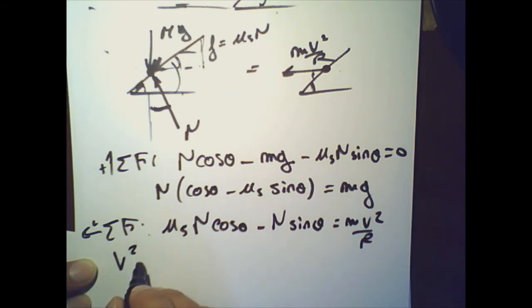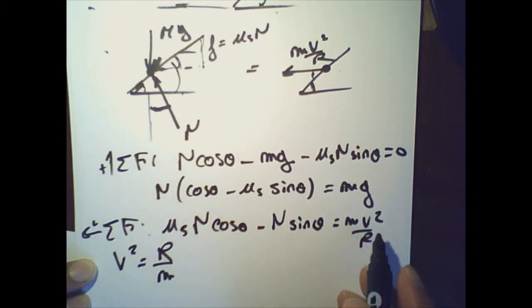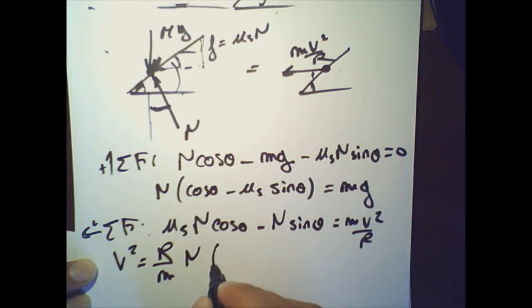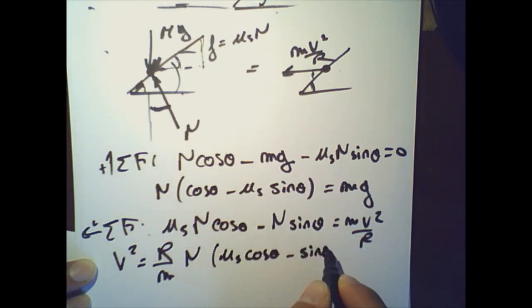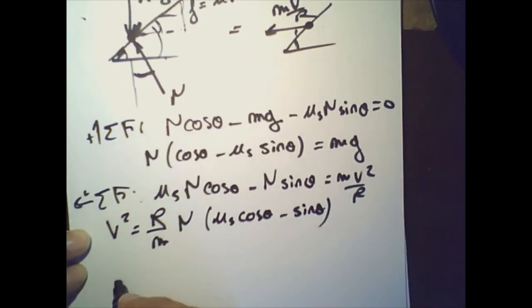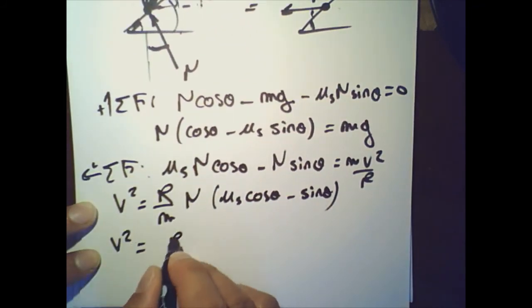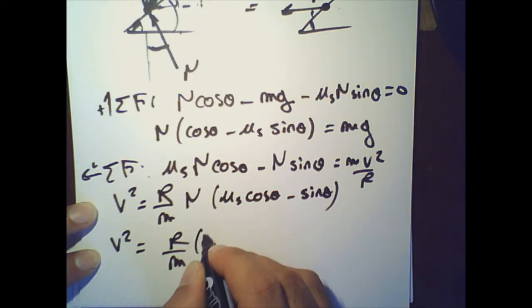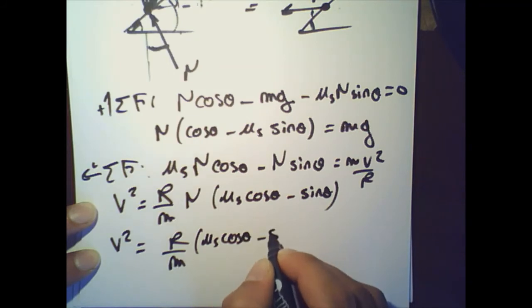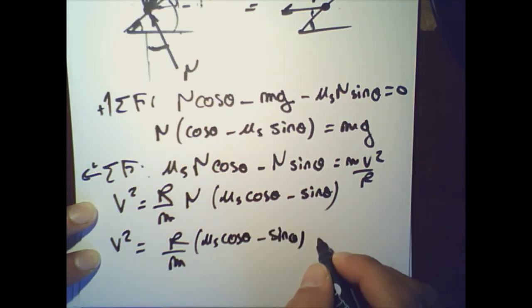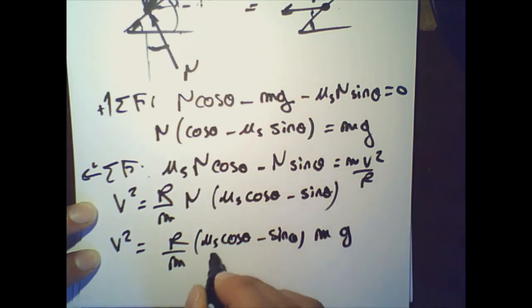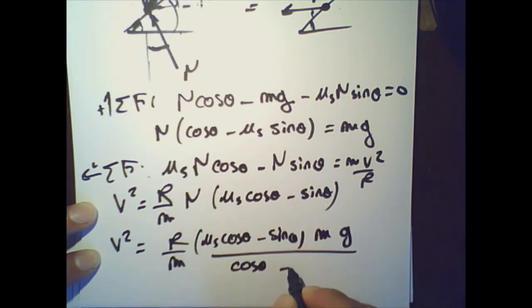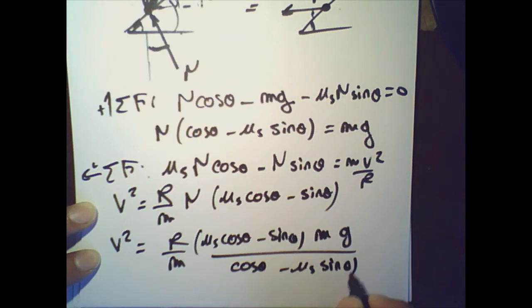So solving for the velocity, v squared is equal to r over m multiplied by n multiplied by mu s cosine theta minus sine theta, where n is equal to mg divided by cosine theta minus mu s sine theta.